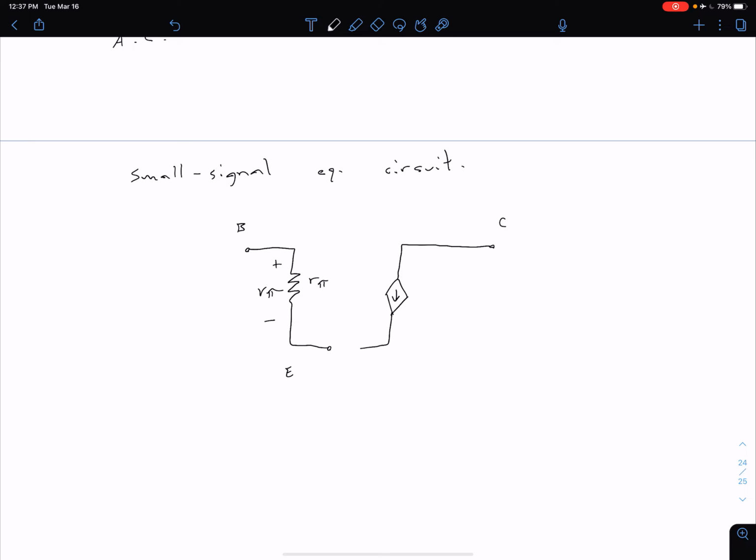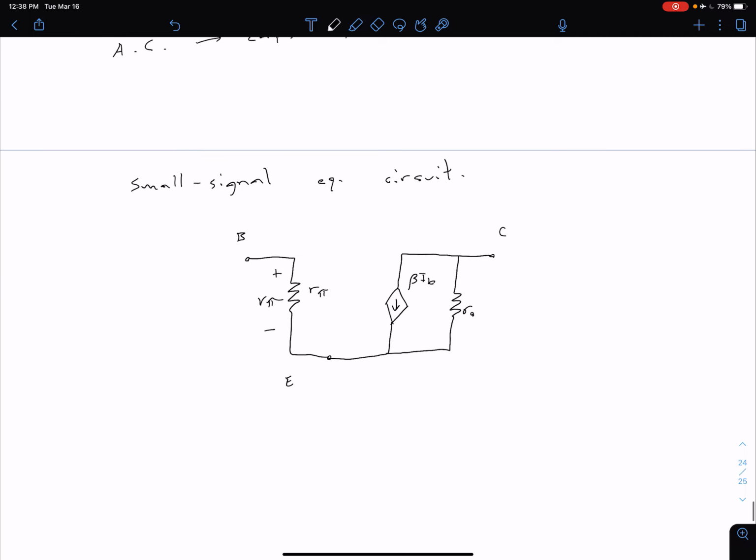We have a dependent current source going from the collector to emitter, and this has a value of beta IB. Then we also have this small signal output resistor R0, and that's due to our early effect. Okay, so this is what our transistor can be modeled as.